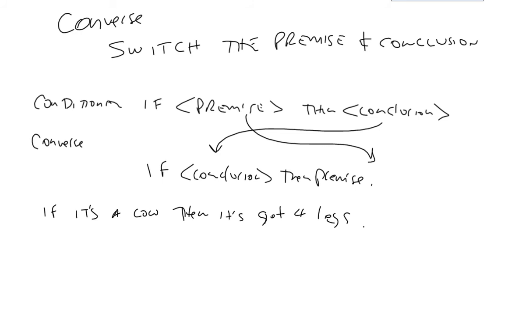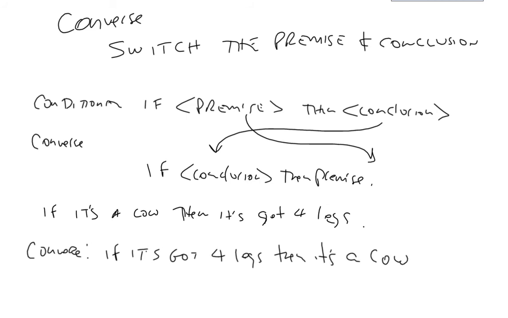The converse is, if it's got 4 legs, then it's a cow. And we obviously know that that is not true because it can be a dog, it can be a giraffe, it can be a cat. So the converse is false.